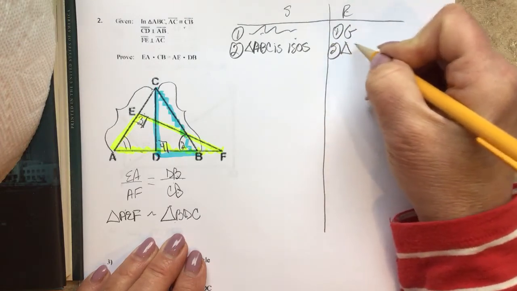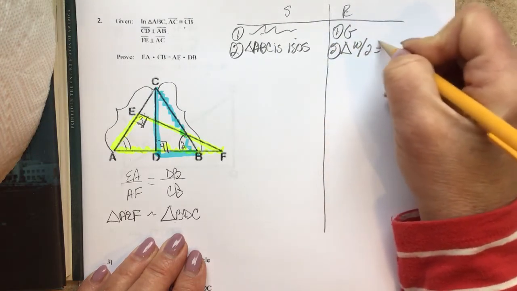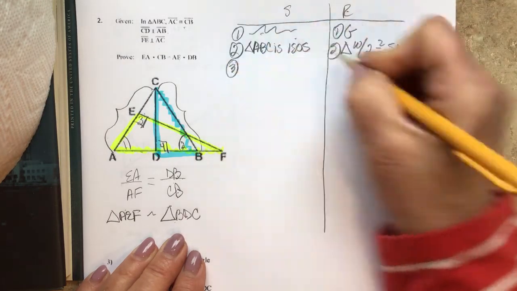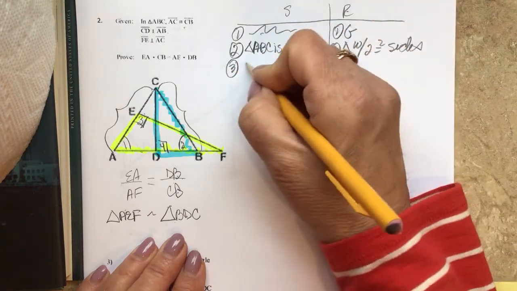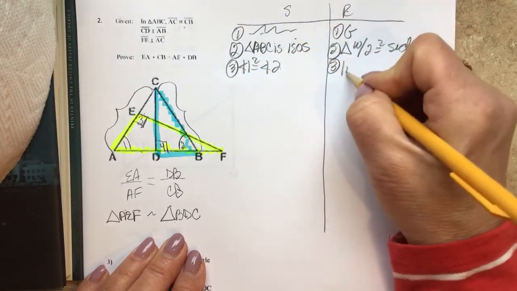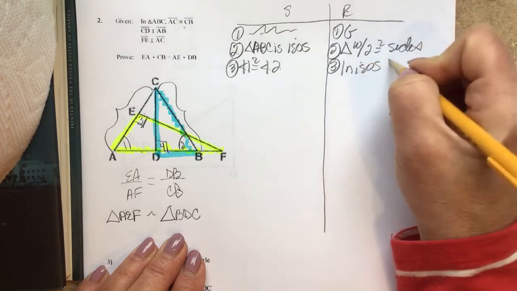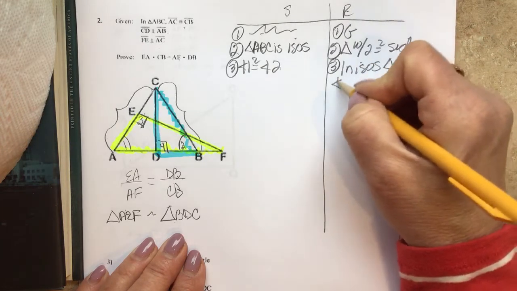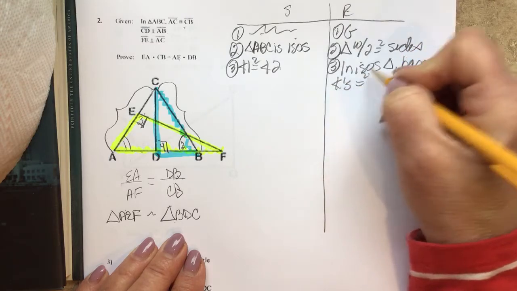Well, that's because it's a triangle with 2 congruent sides. Number 3, angle 1 congruent angle 2, because in an isosceles triangle, base angles are congruent.